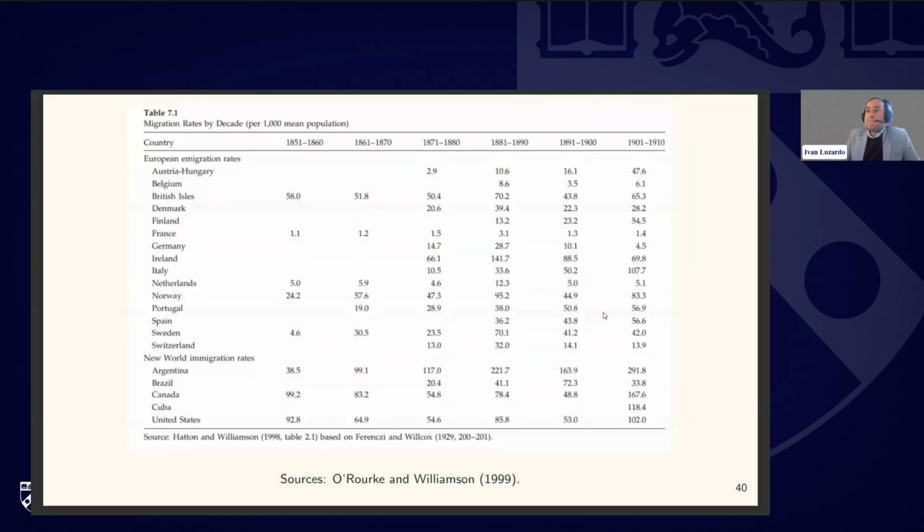And we will see an important increase in immigration, so basically an influx of people coming into the continent, also having an impact on the rise of the national economies.